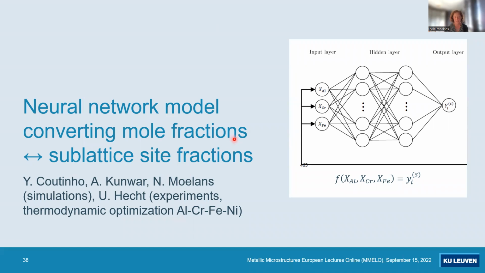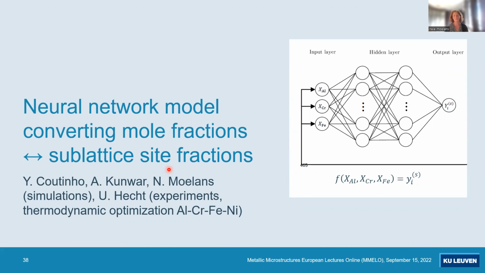The first one is a very nice one, at least if you have the database available. In that case, he develops a neural network that converts mole fractions into sublattice fractions. So it actually tackles this problem that we use a different way of expressing composition in the phase field models and in the sublattice models. But besides that, it doesn't do more.